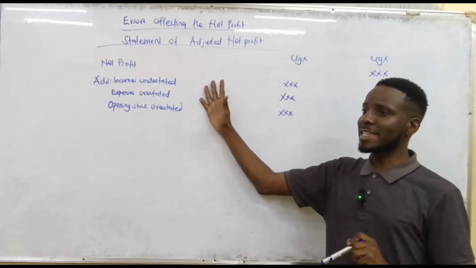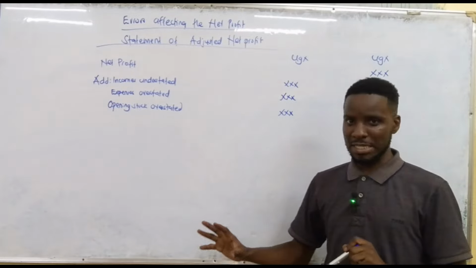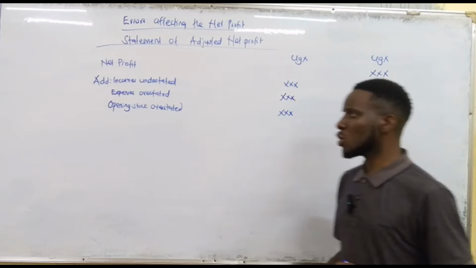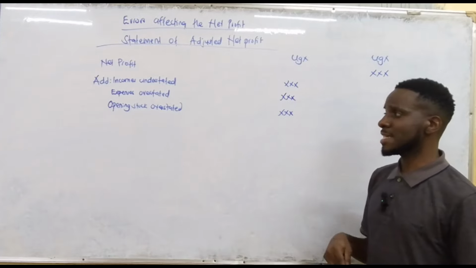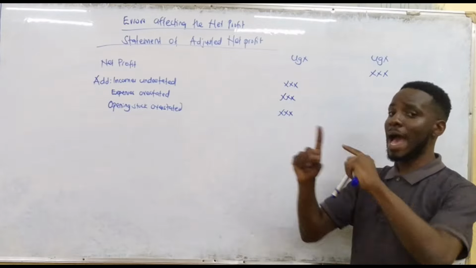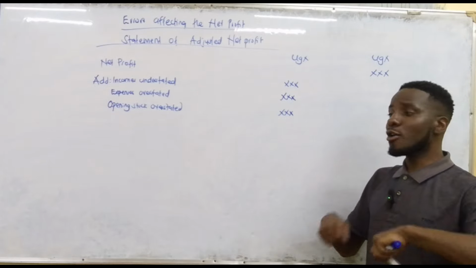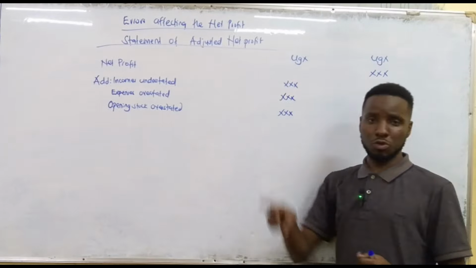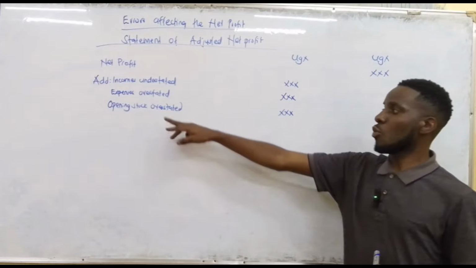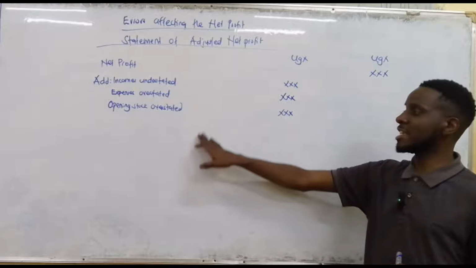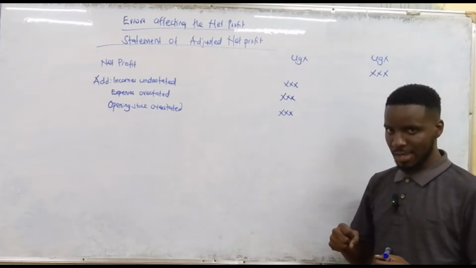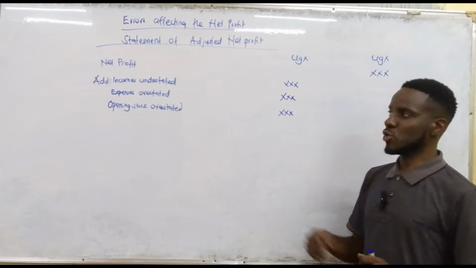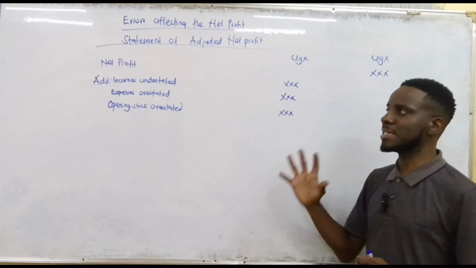We only bring items that go in the income statement. So when you have opening stock overstated, it means that our cost of sales is going to be high. And if our cost of sales is high, then our net profit is going to reduce. So when you have opening stock overstated, you come back here and you add it back by the amount of money which has been overstated. So we are looking at correcting this net profit value.